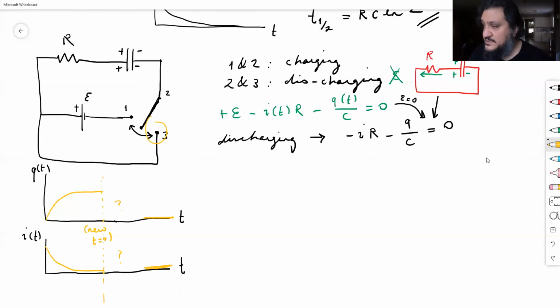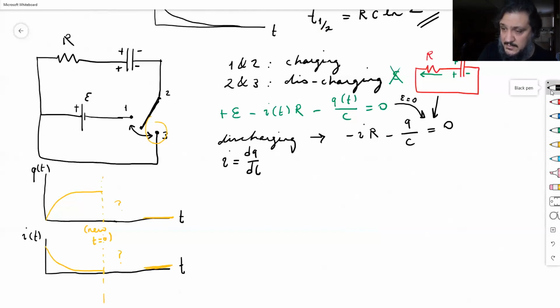The first thing we should do is to use the relationship between I and Q again, I equals dq by dt. Therefore, negative R dq by dt minus Q over C is equal to 0. Same trick. Let's isolate this dq.